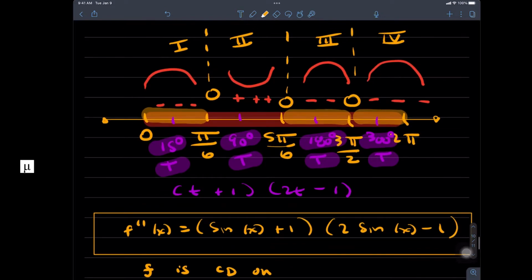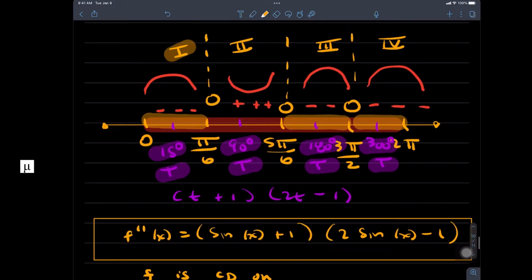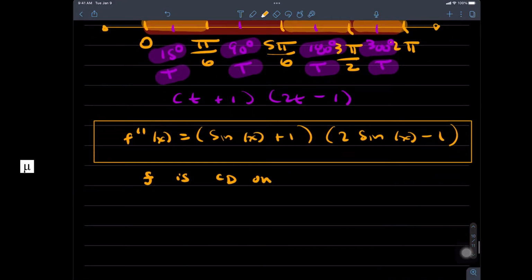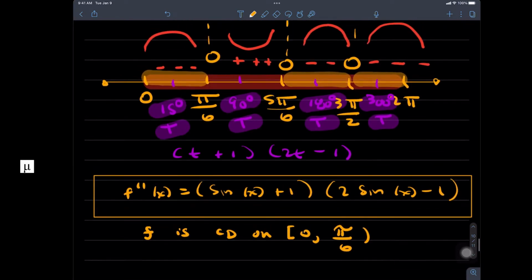We have to describe those regions, 1, 3, and 4. So here's how we do that. We're going to have to go from 0 to what? Pi over 6.